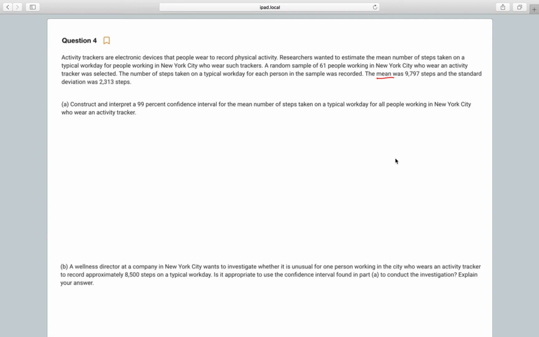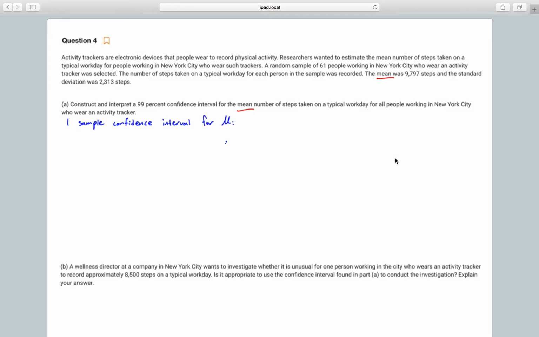It says construct and interpret a 99% confidence interval for the mean number of steps taken on a typical workday for all people working in New York City who wear an activity tracker. So, first and foremost, we want to identify the type of confidence interval that we are going to create. So this is going to be a one sample confidence interval for mu.